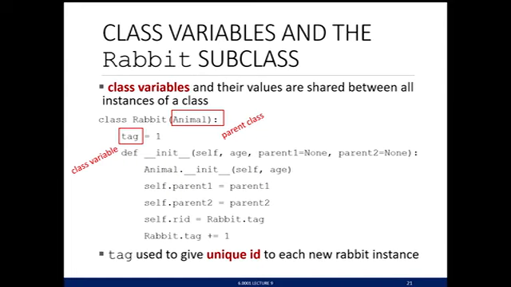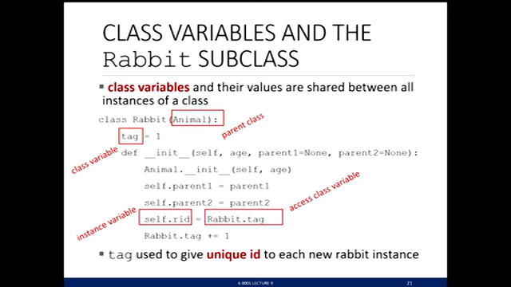And then this is where I'm going to use this class variable. I'm creating this data attribute, an instance variable particular to a specific instance, called rid. And I'm assigning this instance variable to the class variable.